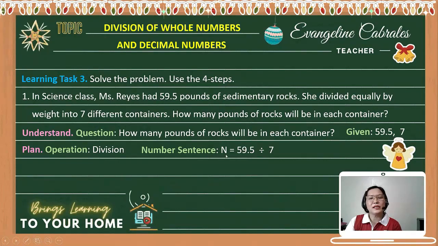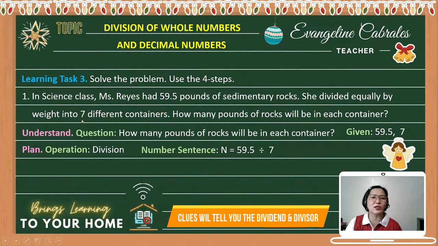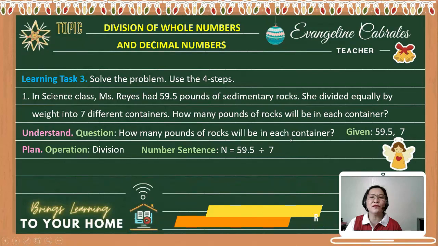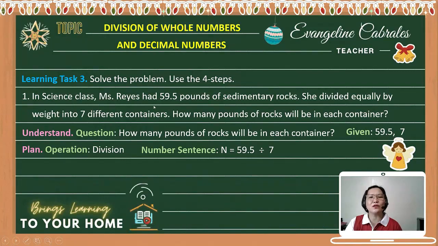The number sentence is this. N equals 59 and 5/10 divided by 7. Bakit 59 and 5/10 ang dividend? Kasi ito yung given. Ito yung clue. She divided equally by weight into 7. Gaya na sinabi ko sa inyo kanina, kung ano yung number na kasunod ng by, yon ang divisor. So, since 7 is the divisor, automatic, yung 59 and 5/10 ang inyong dividend.